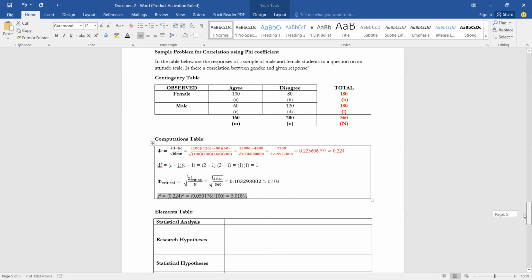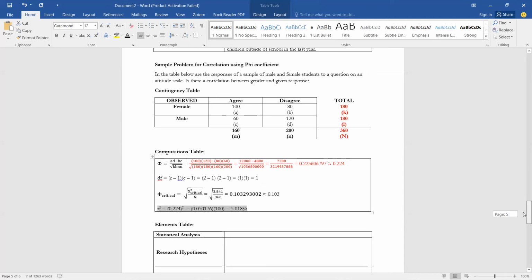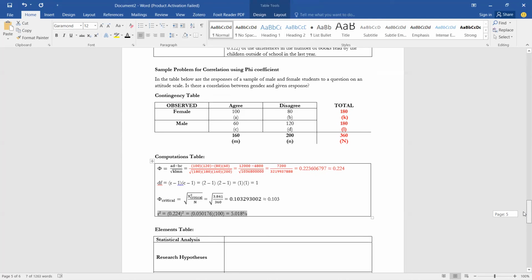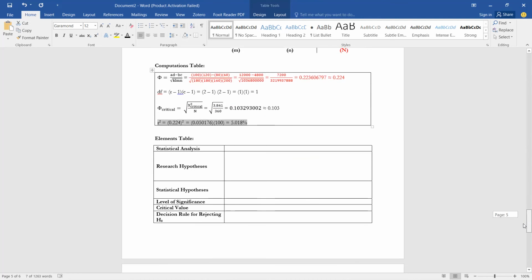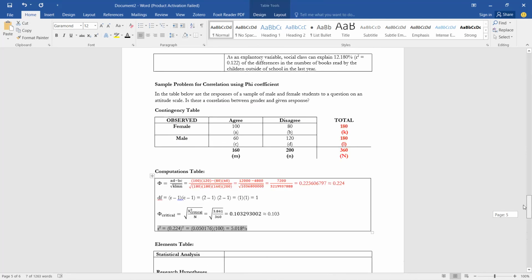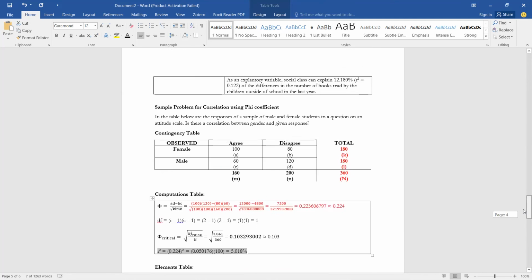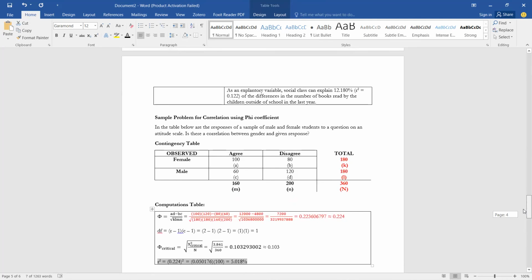That's how much X, which is your gender or sex, could explain the variance or the variations in the responses that were given in the question. So that's quite low actually. So the researcher here might need to look for other predictors, other correlates of the answer.